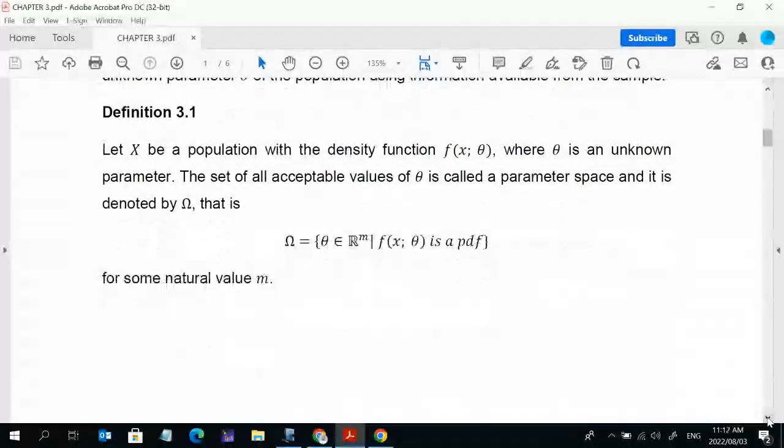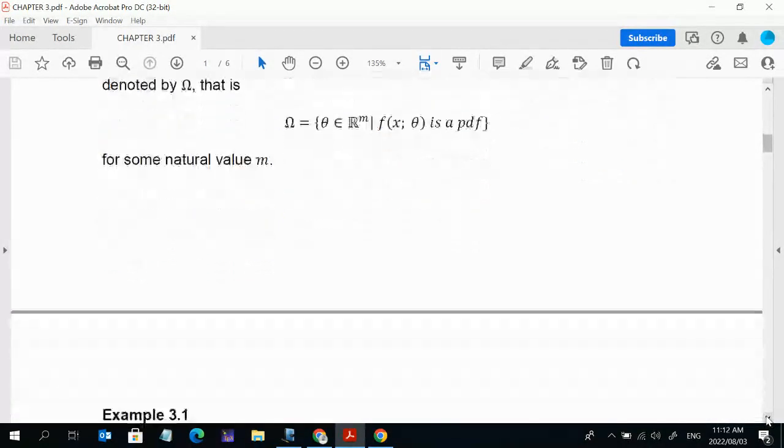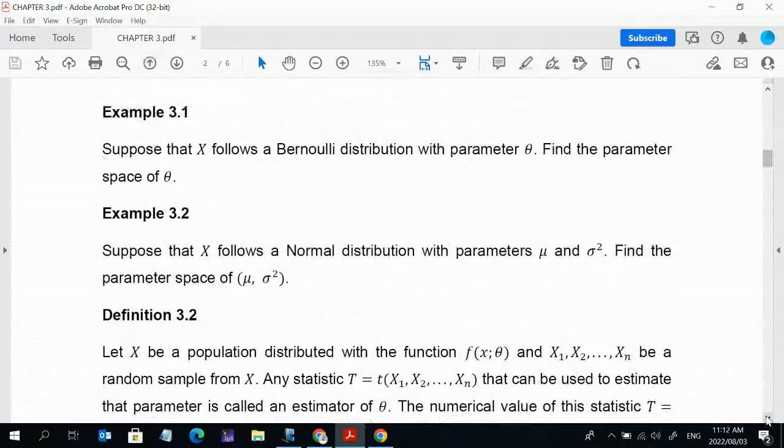And we said that before estimating theta, we have to define a set of acceptable values of theta. That set is called the parameter space. We looked at the definition of a parameter space, and it's nothing but a set of acceptable values of the target parameter.